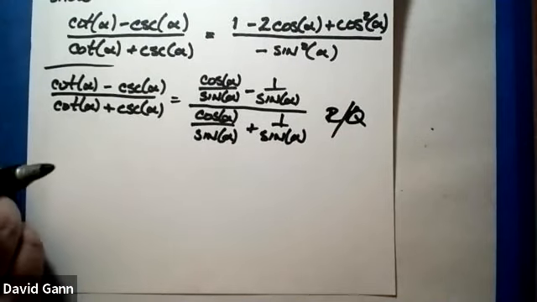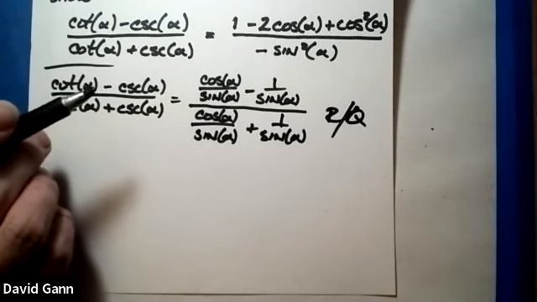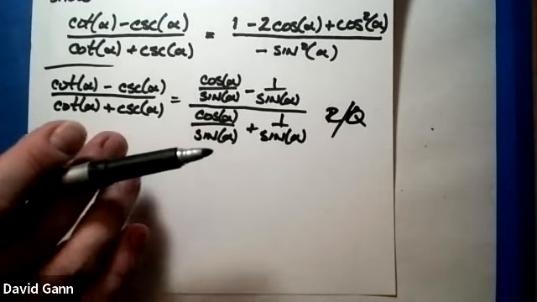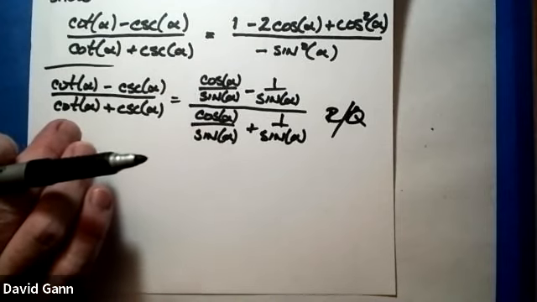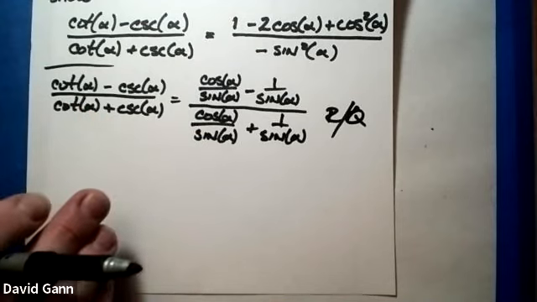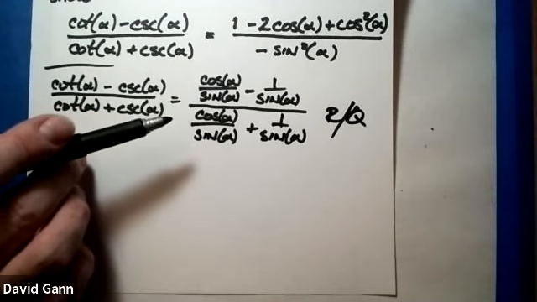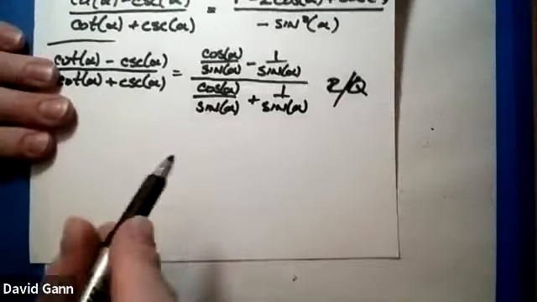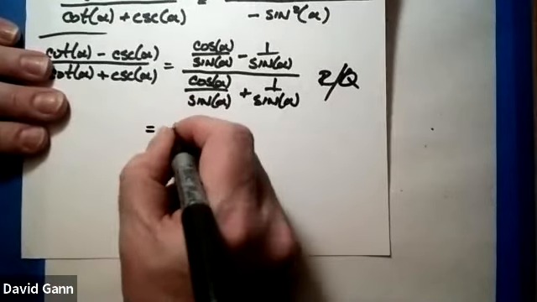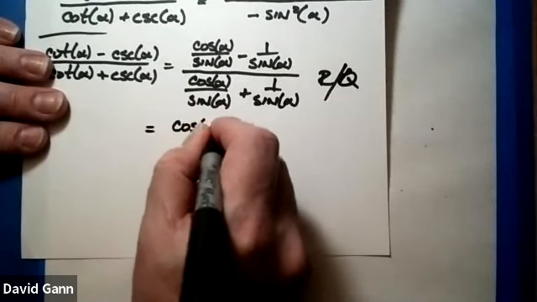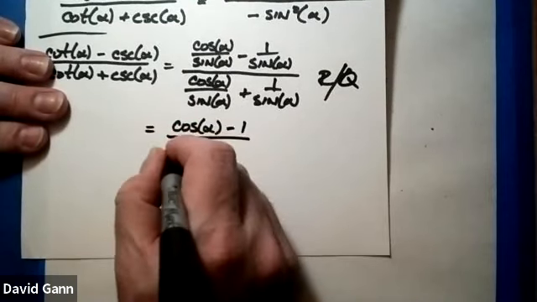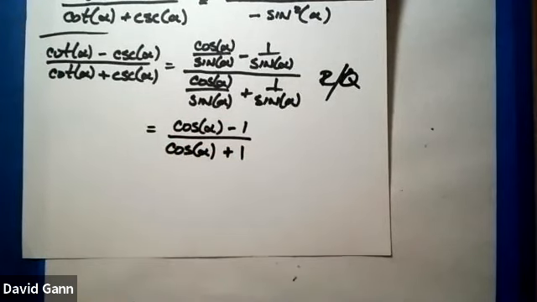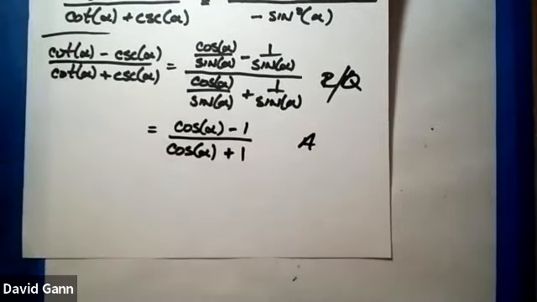We've talked about this technique where if you want to simplify a complex fraction, you multiply every term by the least common denominator of all of the interior terms. Since they all have the same denominator, this is going to make this really easy. They basically go away. So the very next step is to reduce this down to cosine of alpha minus 1 over cosine of alpha plus 1. Okay, and that's just an algebraic step.